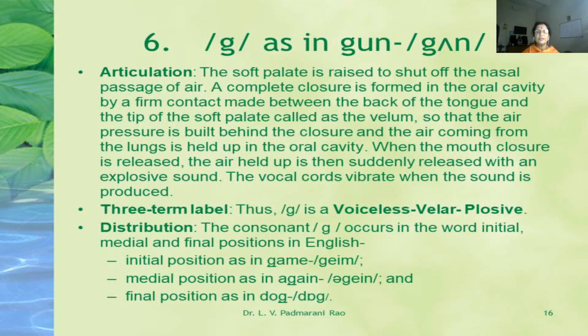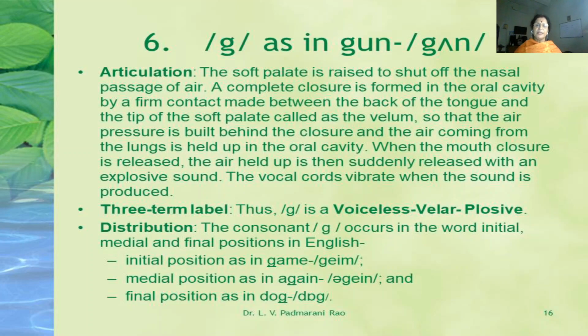When the mouth closure is released, that is, when the back of the tongue, which is the active articulator, separates from the passive articulator, which is the soft palate or the tip of the soft palate called velum, the air held up is then suddenly released with an explosive sound. The vocal cords vibrate when the sound is produced.